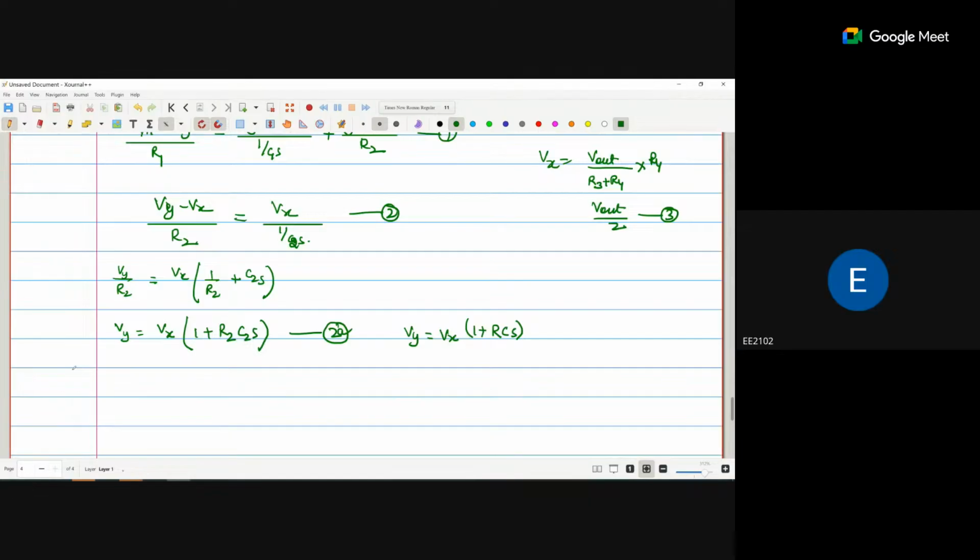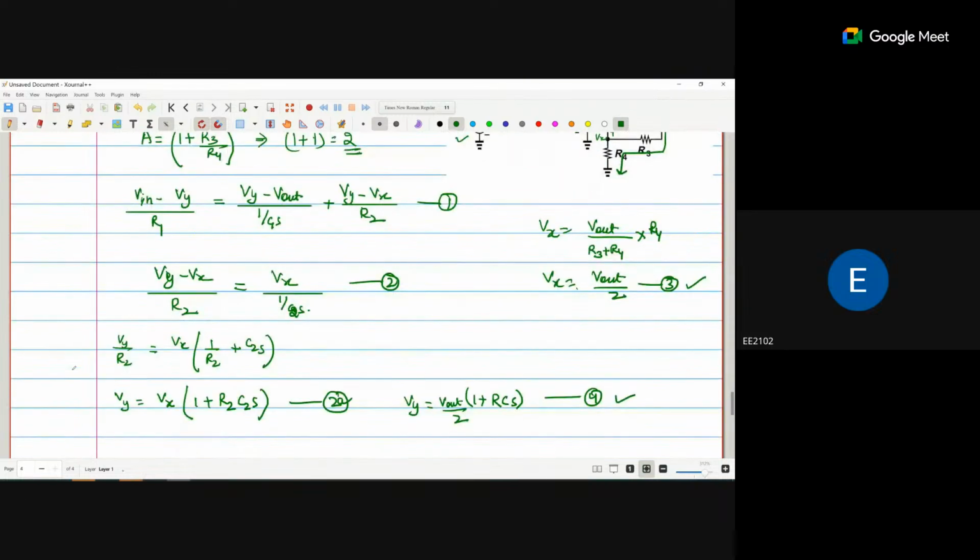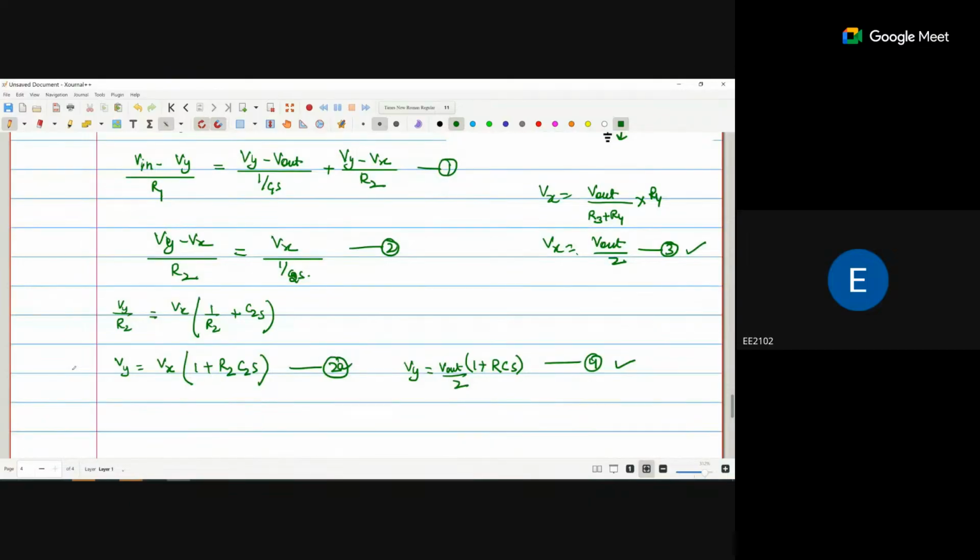Now Vx is V out by 2, so I put V out by 2. So Vy is in terms of V out, and Vx is in terms of V out. Now I apply equation number 1.